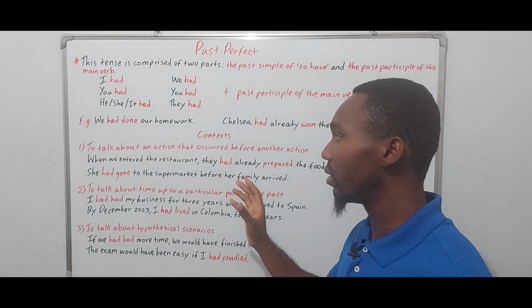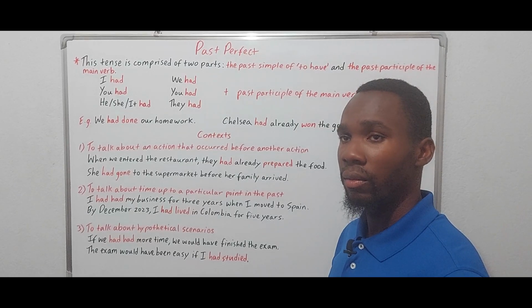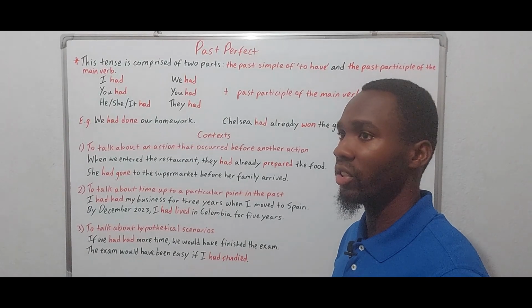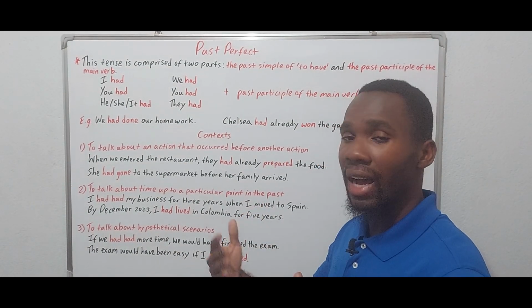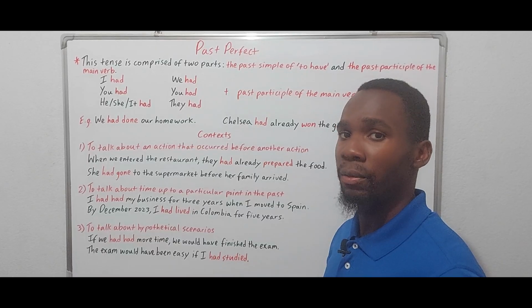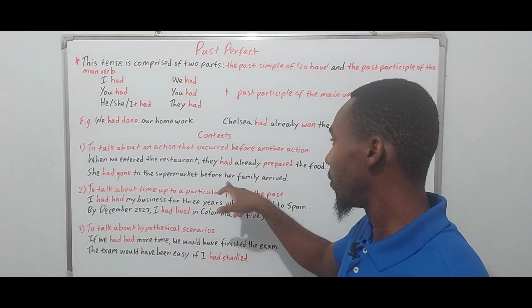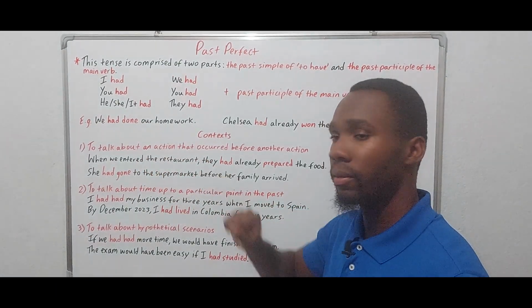And you would notice that the second action, the action that occurred afterwards, is put in the past simple, right? Just like we have here, family arrived and where we entered.